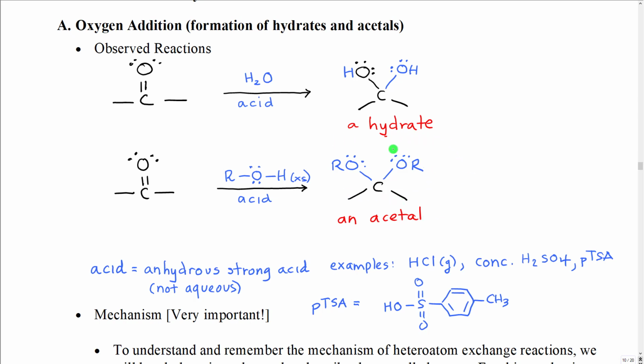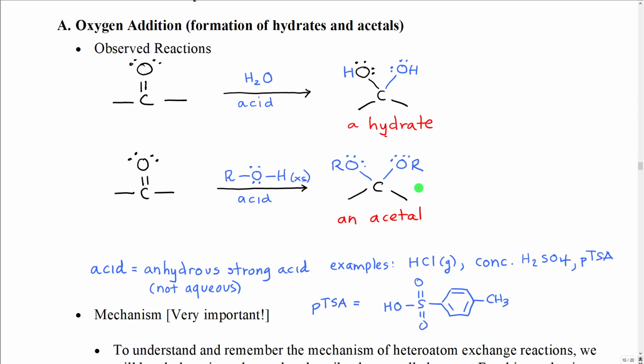This forms a product where the central carbonyl carbon is connected to two oxygen carbon groups, OR groups. This is called an acetal. It turns out this particular reaction is a central reaction in carbohydrate chemistry, and we will be revisiting it then in that chapter.